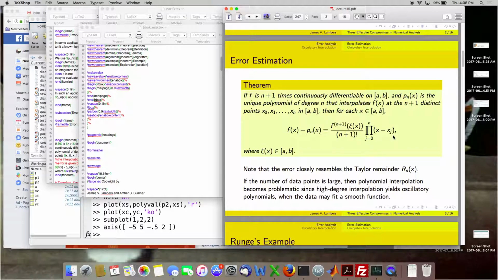This is its factorization. It's just like, for example, if my interpolation points were 1, 2, and 3, then the product (x minus 1)(x minus 2)(x minus 3) is the polynomial with those roots. So what we have here is the Chebyshev polynomial, except for one thing.